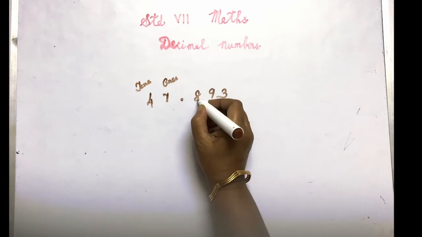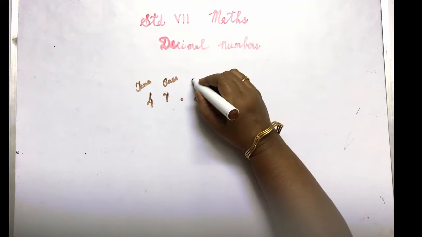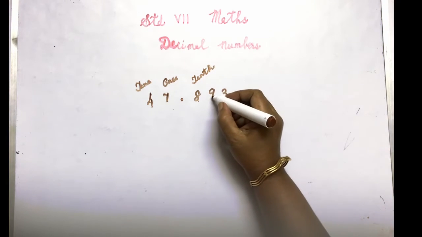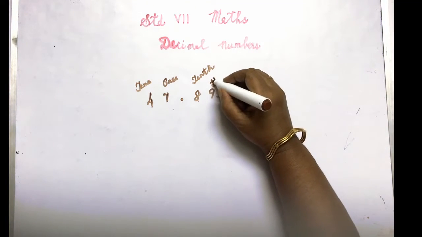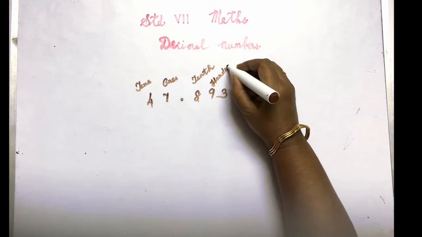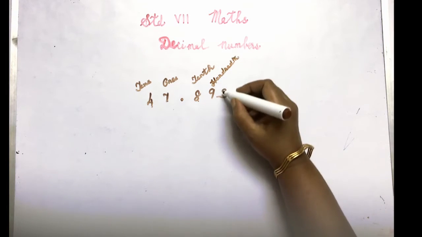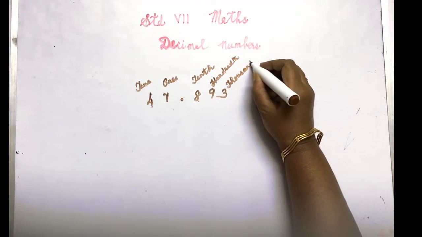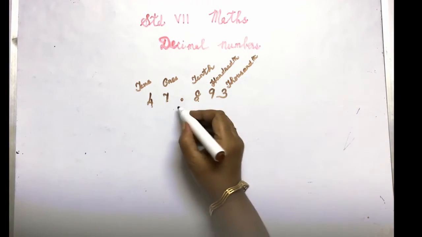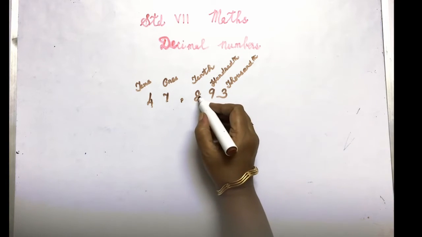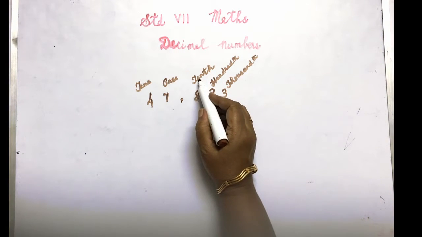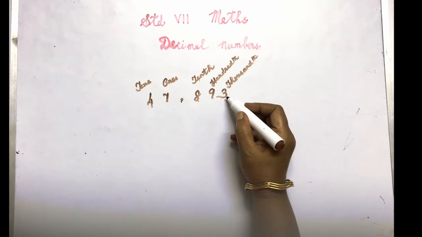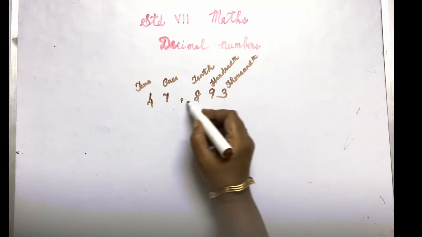After the point, the first place is called tenth place, the second place is called hundredth place, and the third place is called thousandth place. So after the point, first number is tenth place, second number is hundredth place and third number is thousandth place.